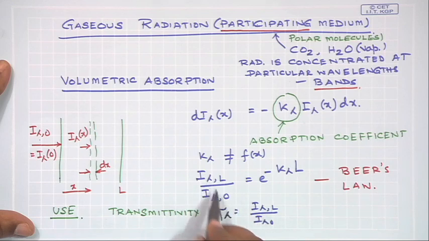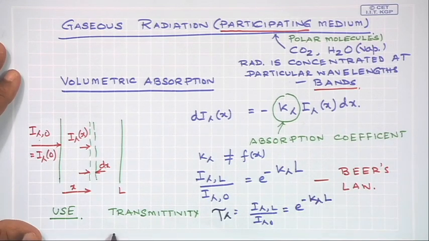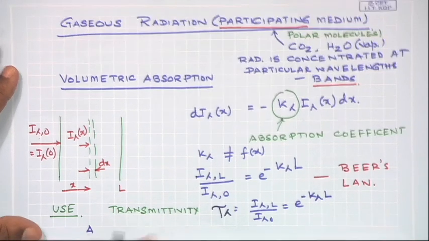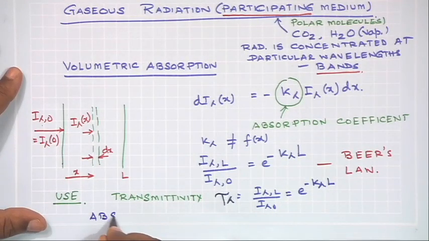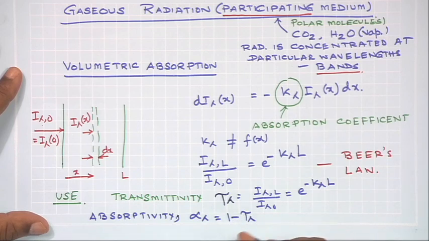Whatever I have written over here is nothing but the definition of transmittivity. So, it would be equal to e to the power minus k lambda L, and the spectral absorptivity, which is denoted by alpha lambda, is simply 1 minus tau lambda by definition.